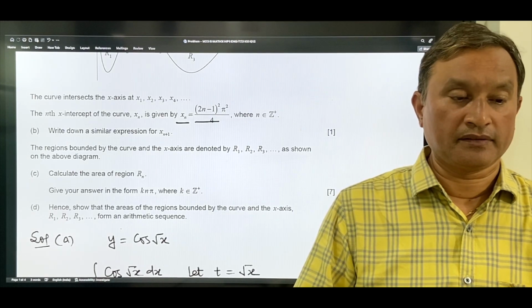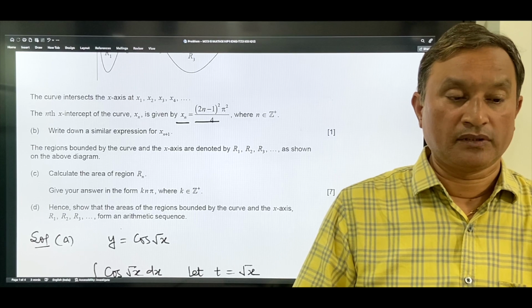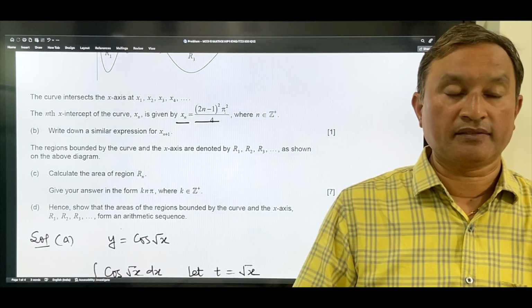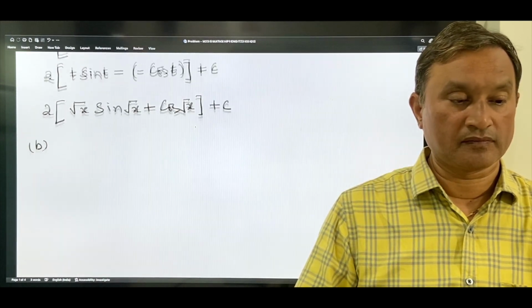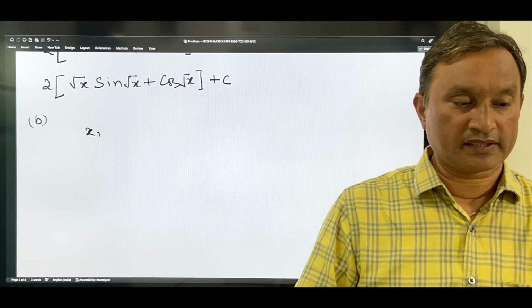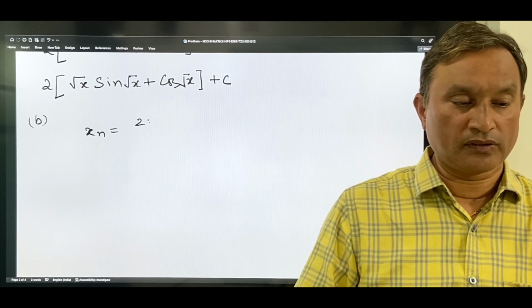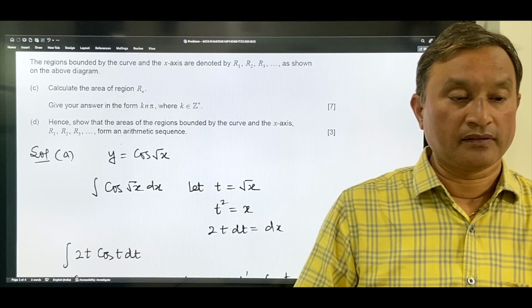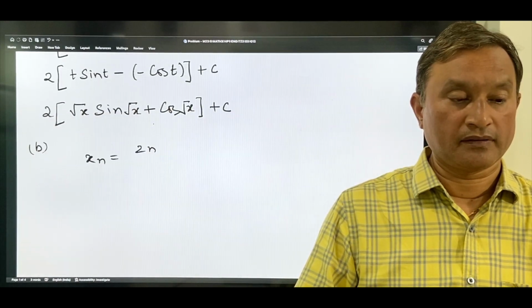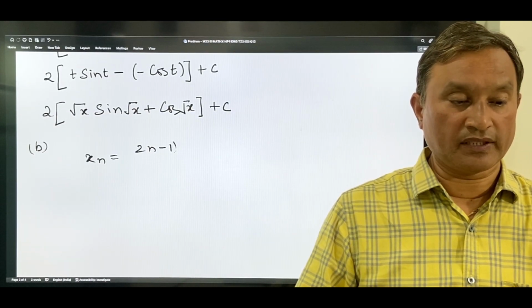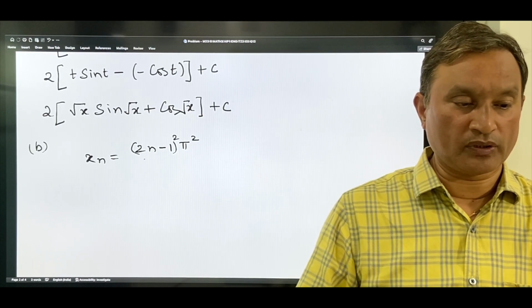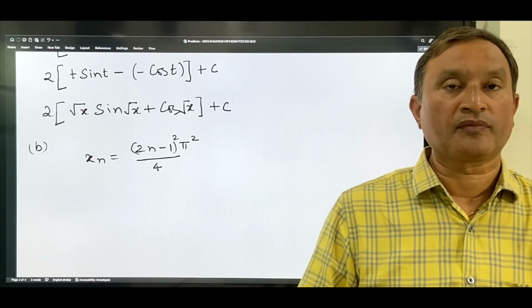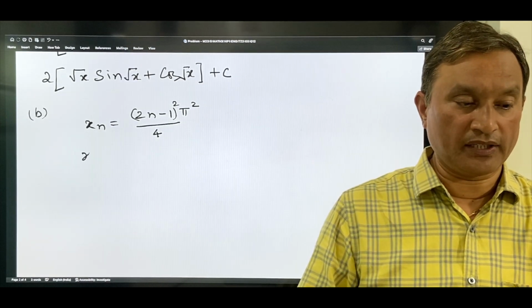They have given xn equals (2n minus 1) whole squared into pi squared upon 4, and we are asked to find the value of x(n plus 1).